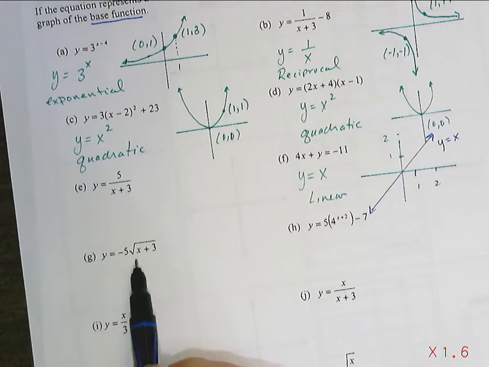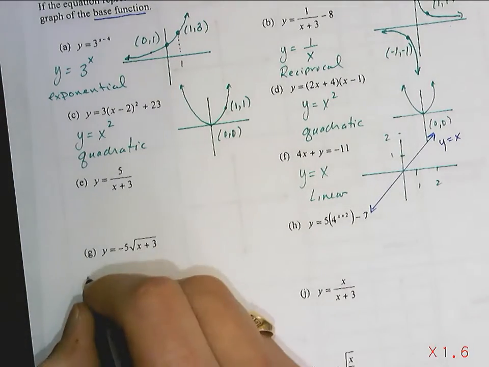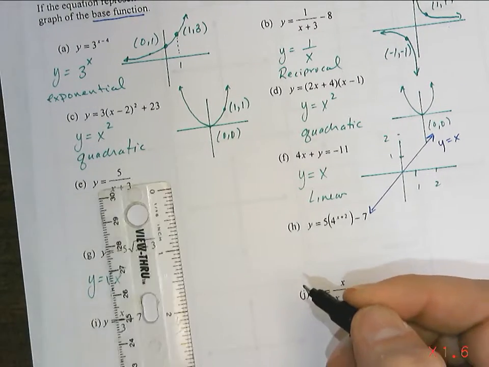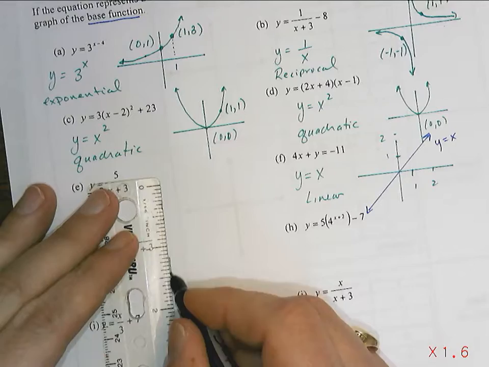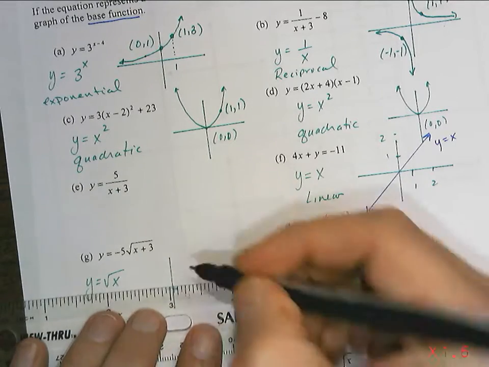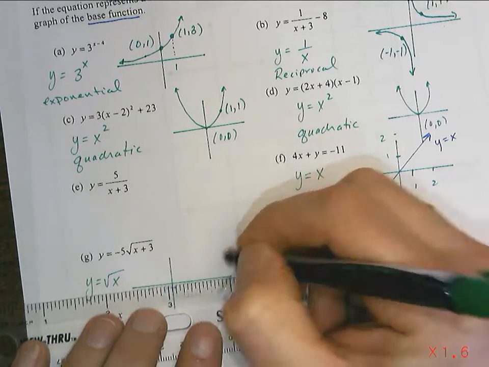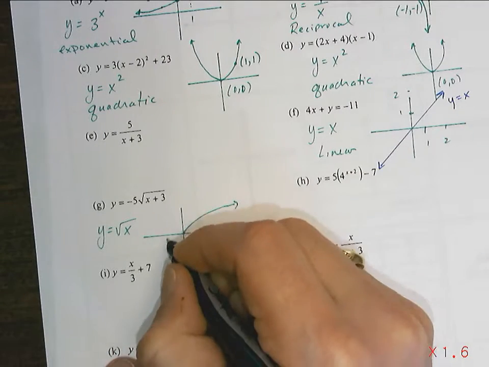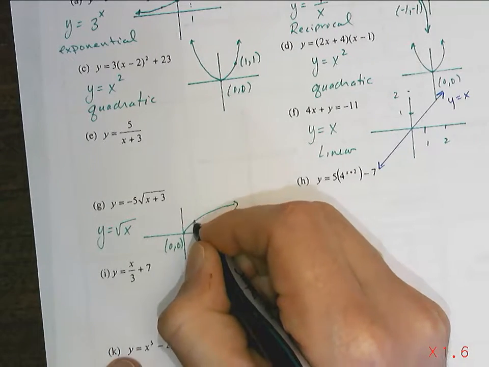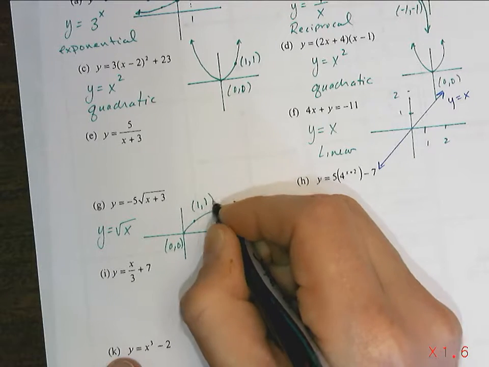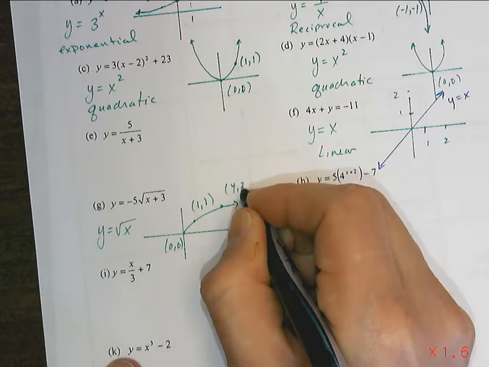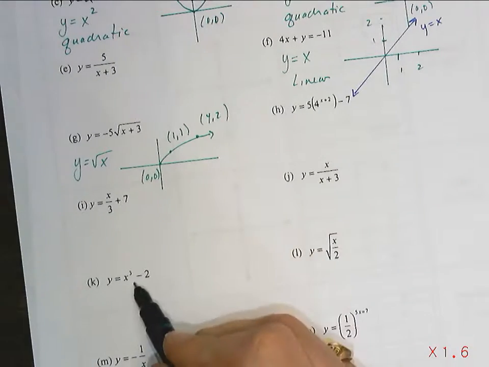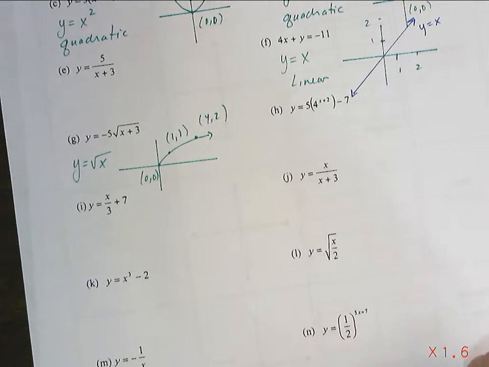Your base function for this one is going to be y equals root x. So it's going to look like this from what we learned today. So its base function at 0, 0, 1, 1, 4, 2, etc.